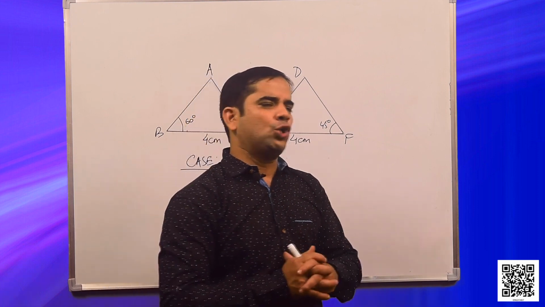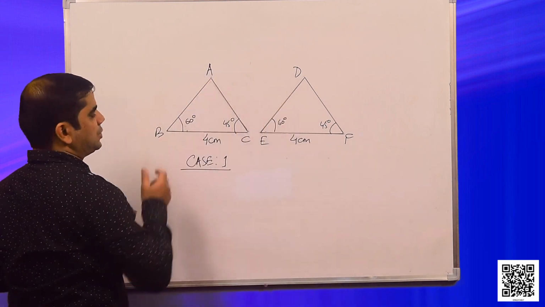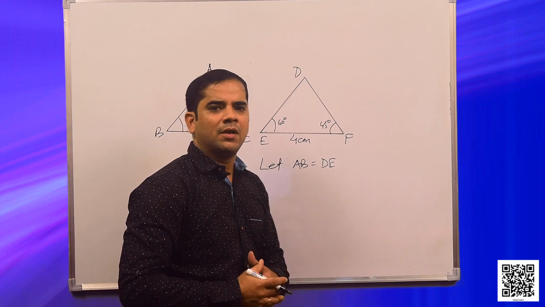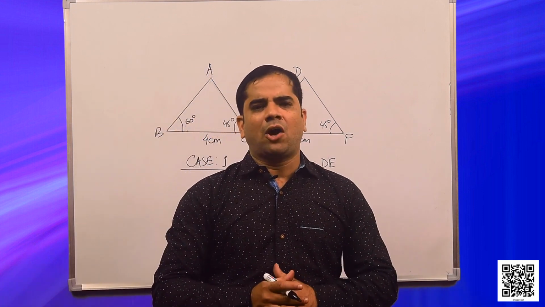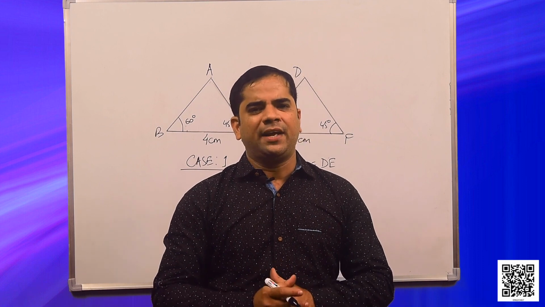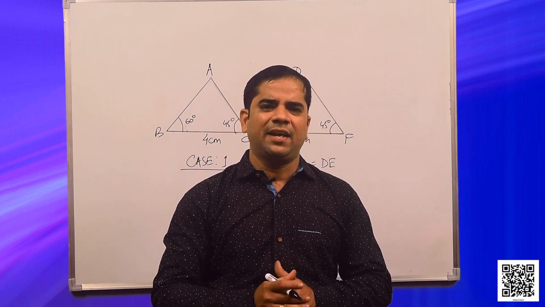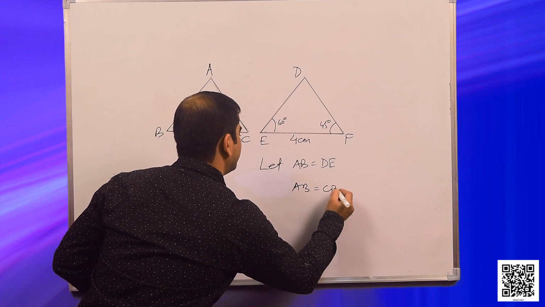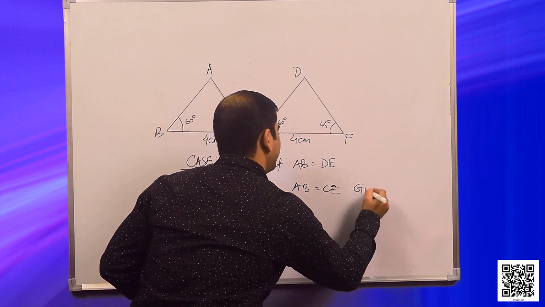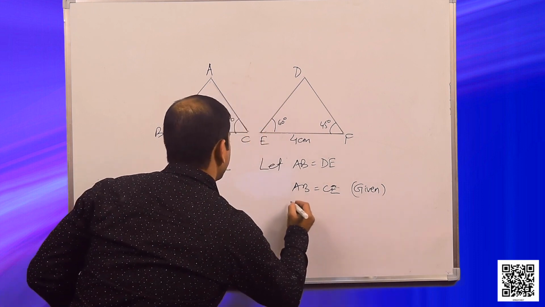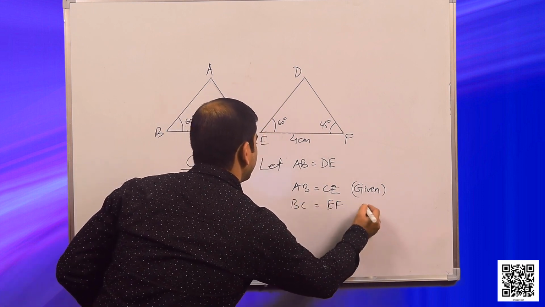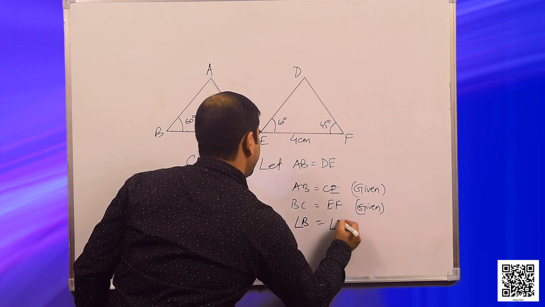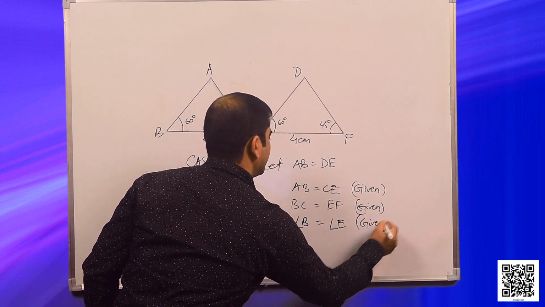So, let AB be equal to DE. Now, what we can observe is that AB is equal to DE, given; BC is equal to EF, that is also given; and angle B is equal to angle E, it is also given.